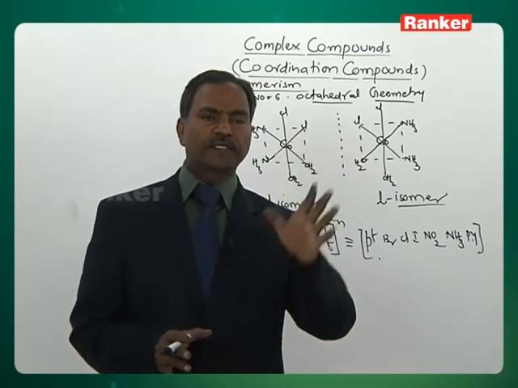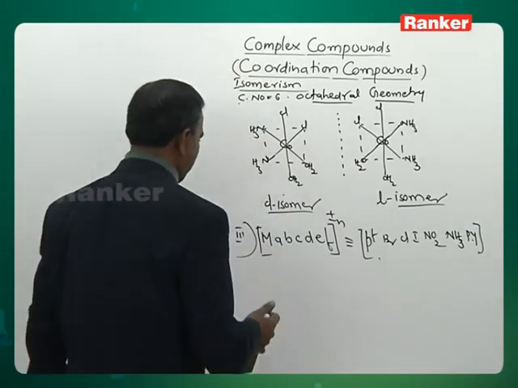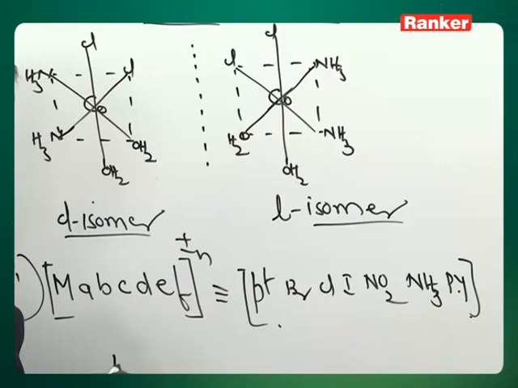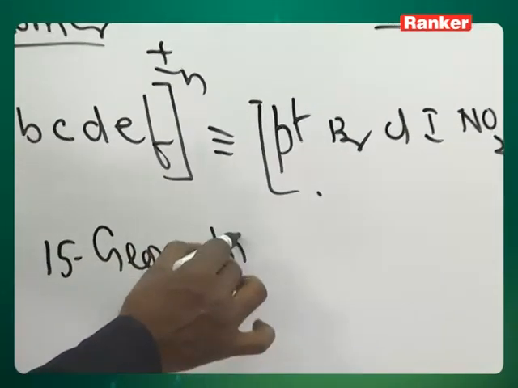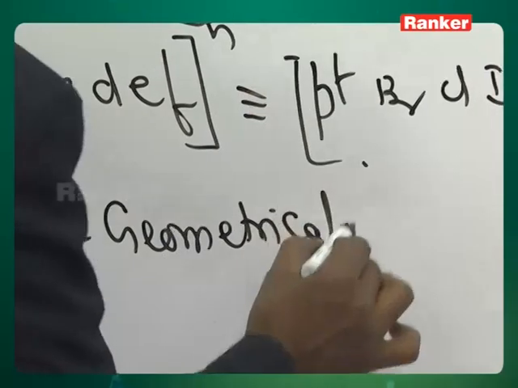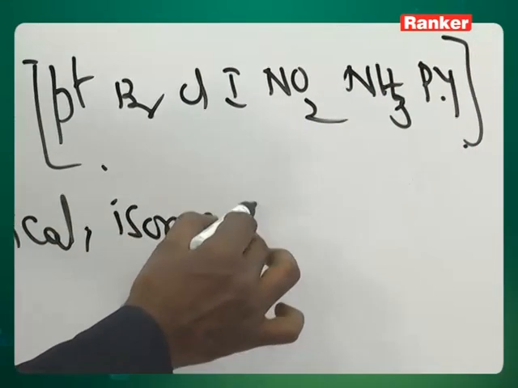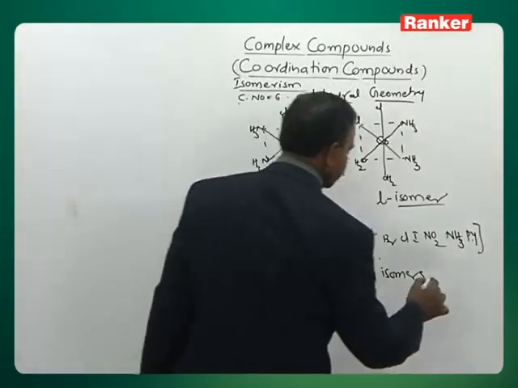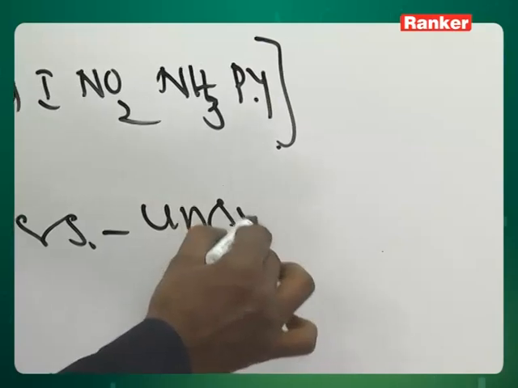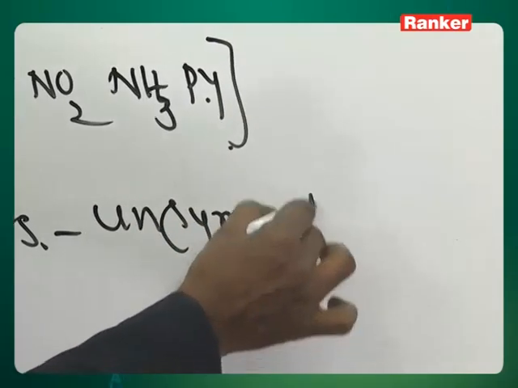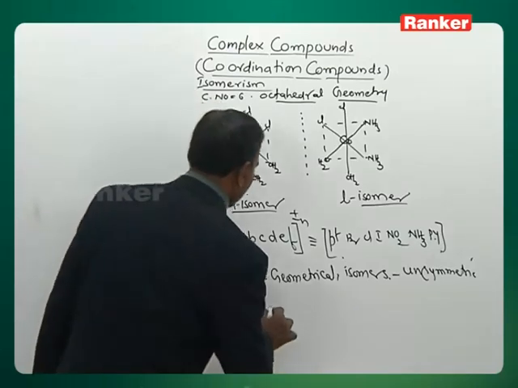Once an unsymmetric complex is there, it will be optically active.